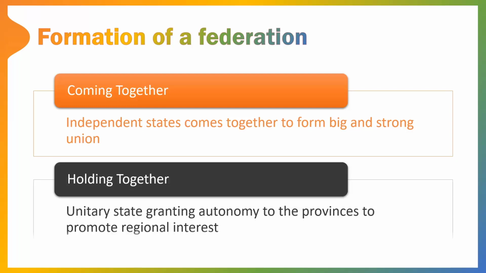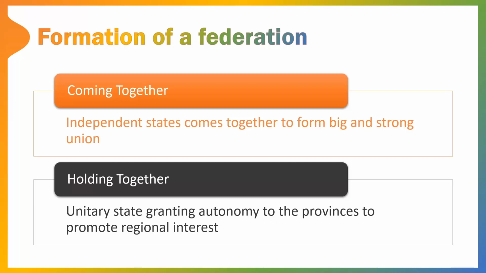The second category is holding together. In this case, a big unitary state is converted into a federation by granting autonomy to the provinces to promote regional interest. That means initially there may be a weak nation that wants to convert all its states into autonomous states.